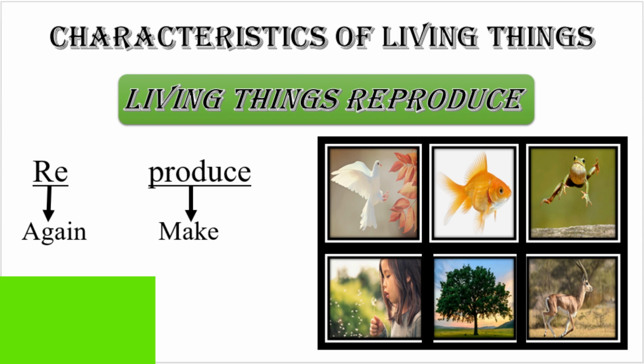So, from the word, we can say that reproduce means to produce again, to make again, okay? And we can also say to make something of their own kind, to make copies of their own kind. Getting it, students? What do we mean by reproduce? Reproduce means to make more of their own kind.